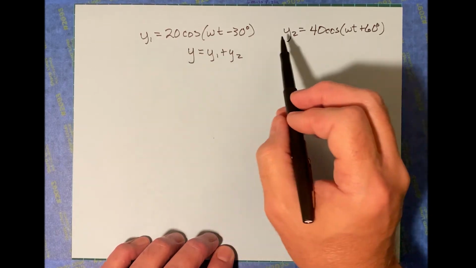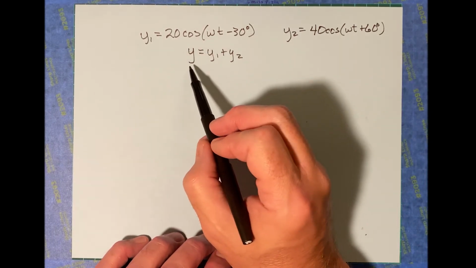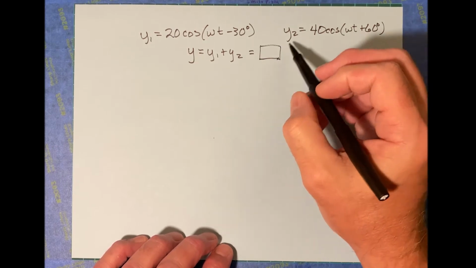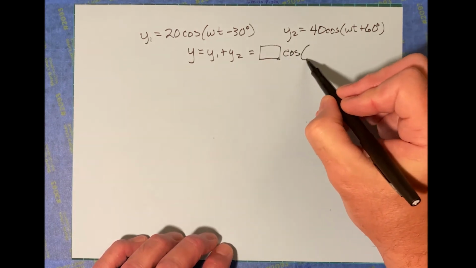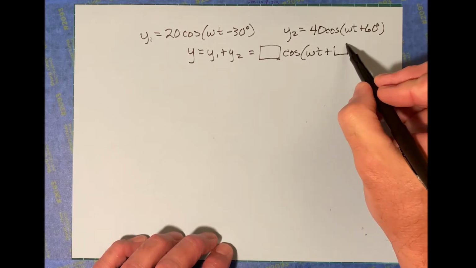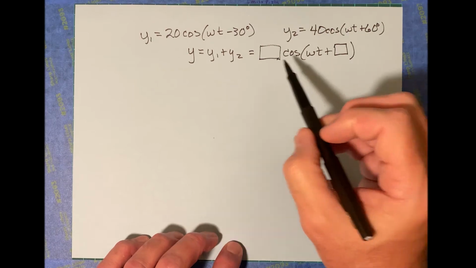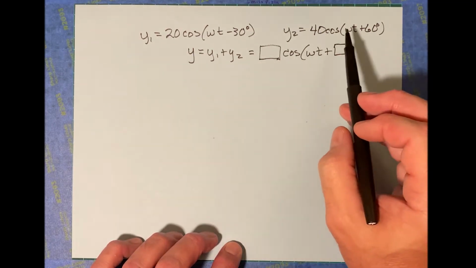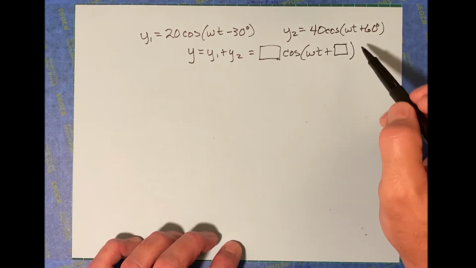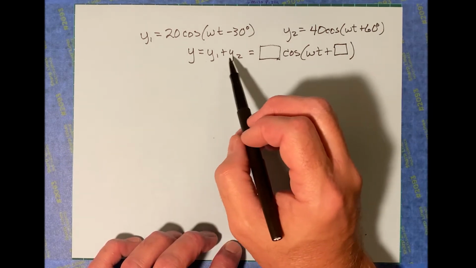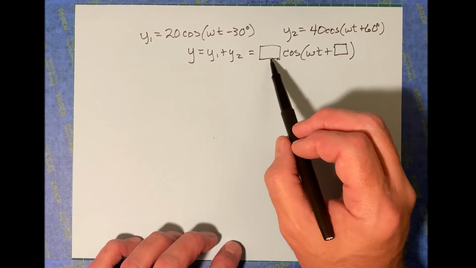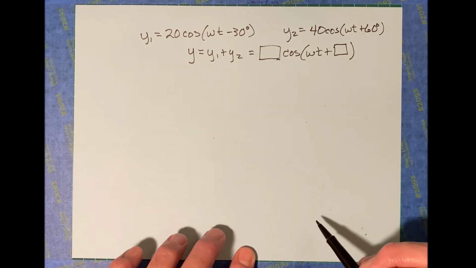Now, I want to express y in the general form, where it has some amplitude multiplied by the cosine of omega t plus some phase angle. In other words, I want to take these two separate cosine functions that have different amplitudes and different phase angles, and write their sum as just one cosine function with its own amplitude and its own phase angle.